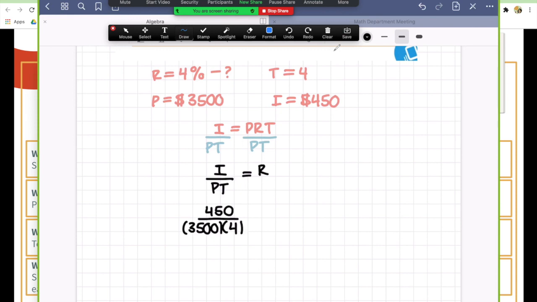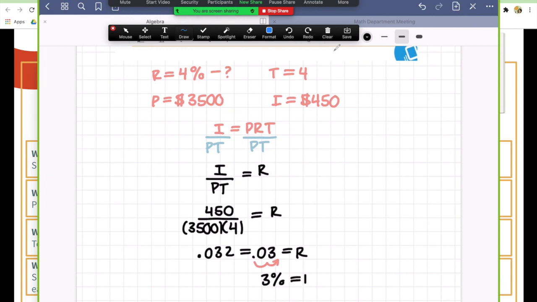And so if I were to calculate all of this up, 450 divided by 3,500 times 4, that gives me 0.032, and that can be rounded to 0.03. So if I wanted to change this into a percentage, all I need to do is move the decimal to the right twice, and so I get 3%.